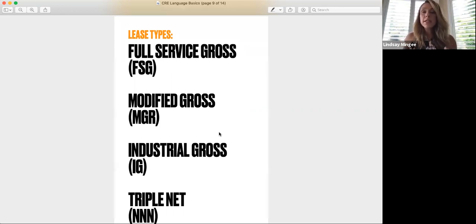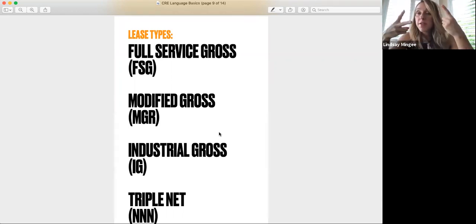Industrial gross, very similar to modified gross. Many times they're interchangeable. Often, an industrial gross also comes with an additional CAM. So if you're a cabinet guy, right, or a cabinet lady, and you are leasing a flex space, and your lease is an industrial gross lease, you pay your rent, right?